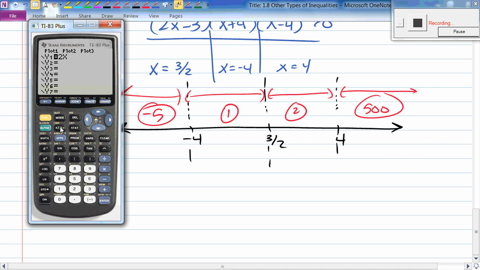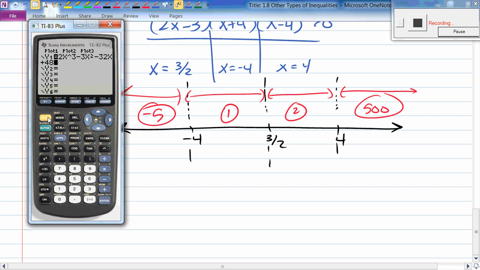Ready? 2x caret 3, 2x cubed, minus 3x squared, minus 32x, and then plus 48. The caret is right here, above the division sign.